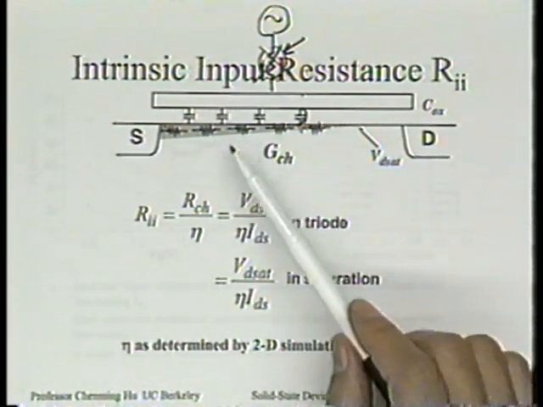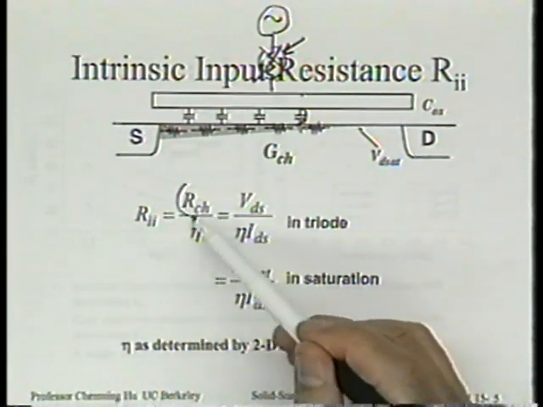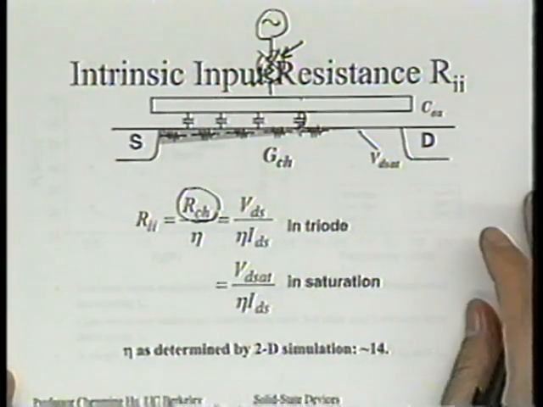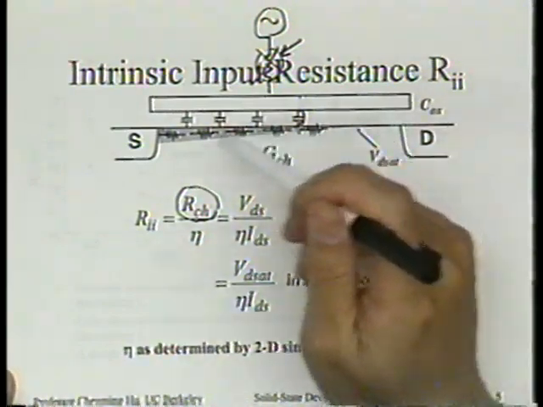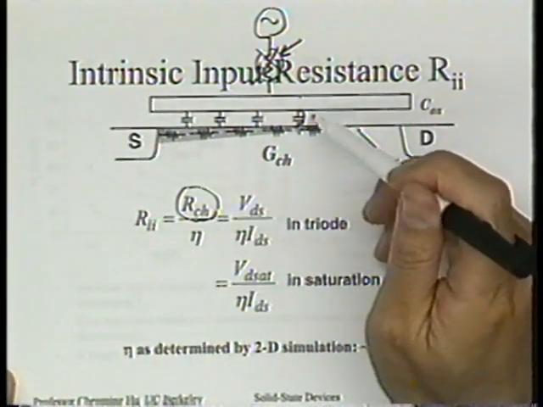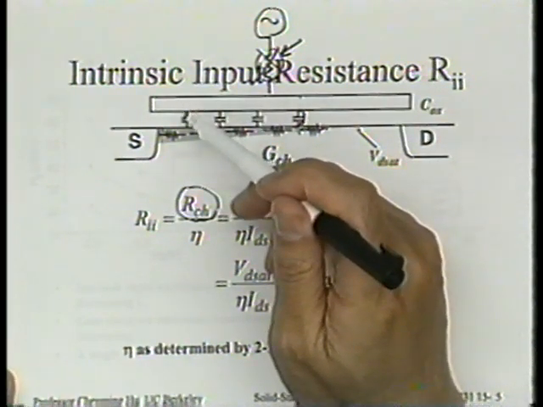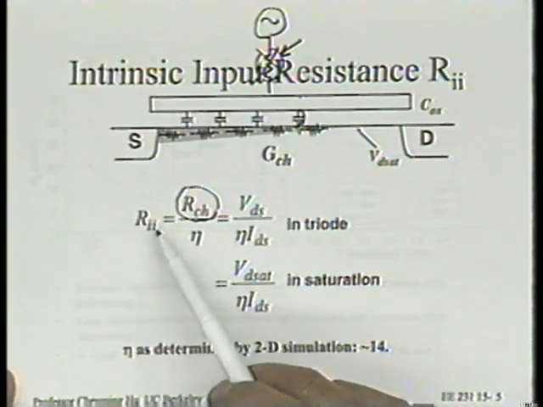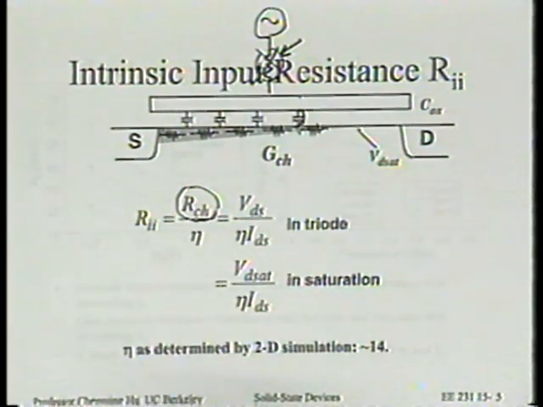So you would expect this intrinsic input resistance really just to be the channel resistance, except it's a distributed resistance, in the sense that not all the gate AC current flows from the drain all the way across to the source. Some start from the drain side, some start from the middle of the channel, some flow across the gate capacitor near the source. So this resistance is going to be less than the channel resistance, by a fraction eta. Expect that, okay?